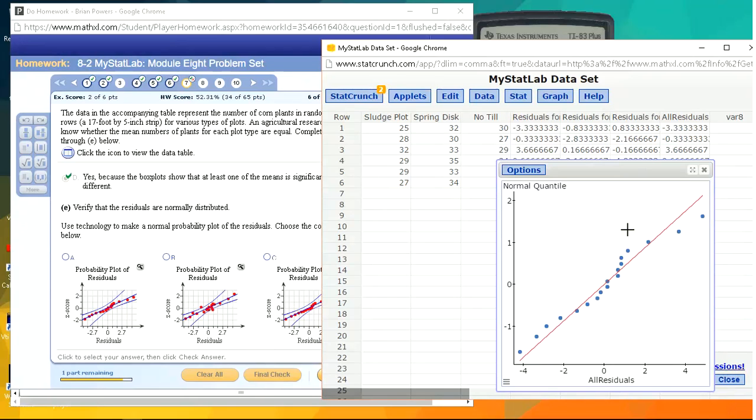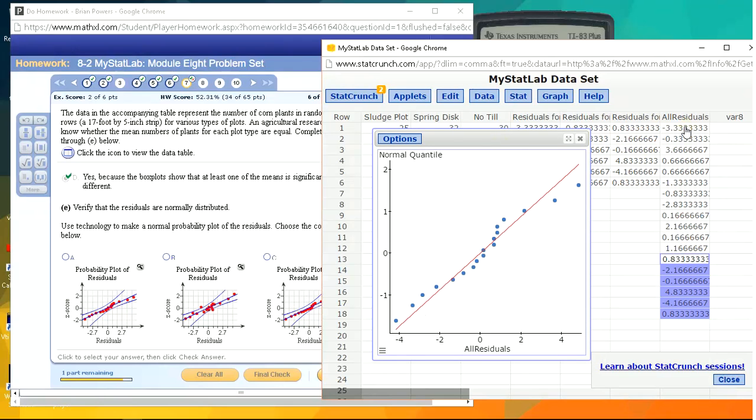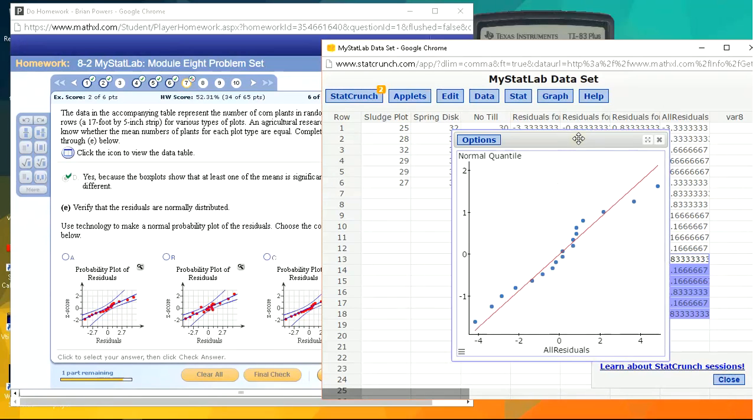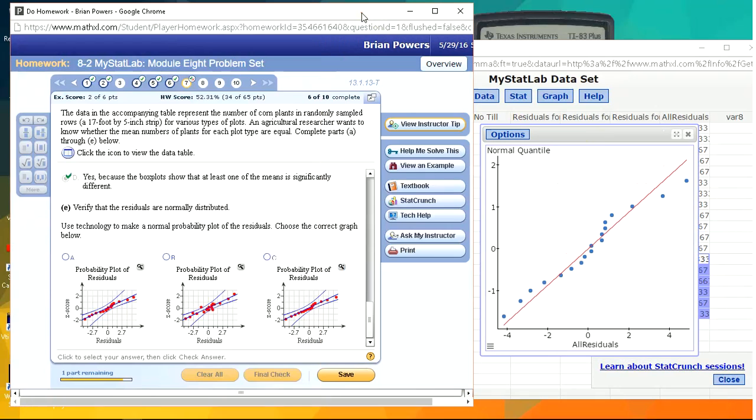Each of my residuals is taken, sorted in order from smallest to largest, and plotted against quantiles for the normal distribution. You know what? It's more than we're going into in this course. I'll put that into another video maybe. But let's just compare these graphs and see which one matches.